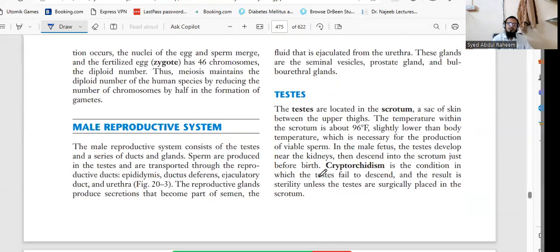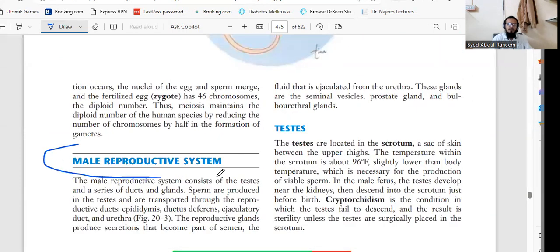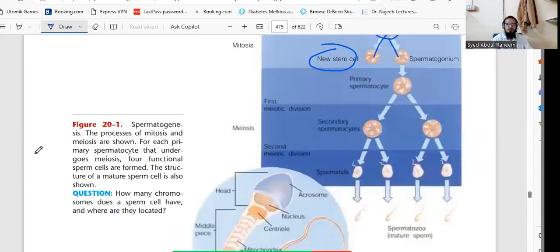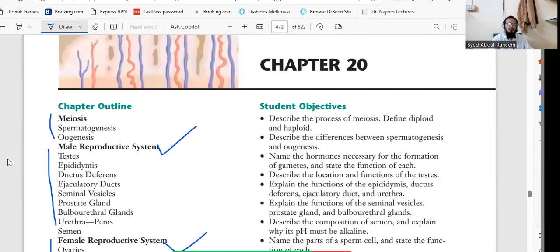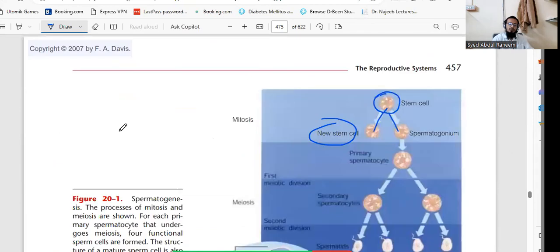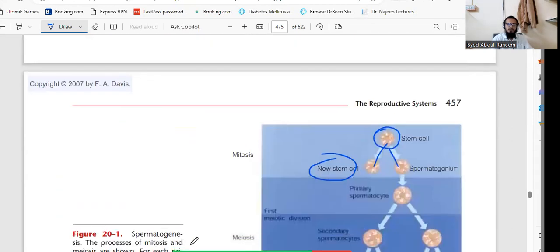Here we'll discuss male reproduction first, and afterwards female reproduction. We'll complete male reproduction one day, and we will complete female reproduction one day.